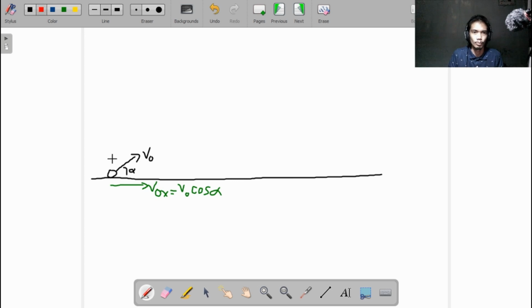Next, on the y component, we have v0y, which is equal to v0 sine alpha.